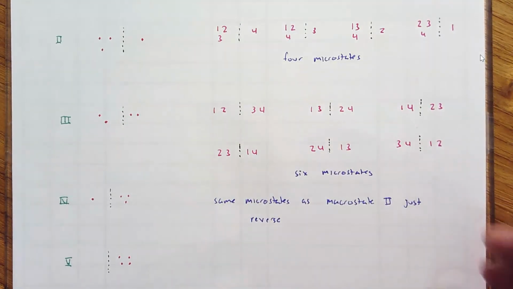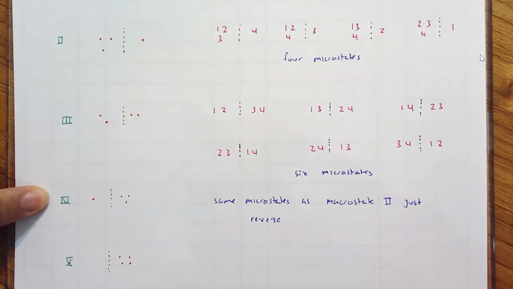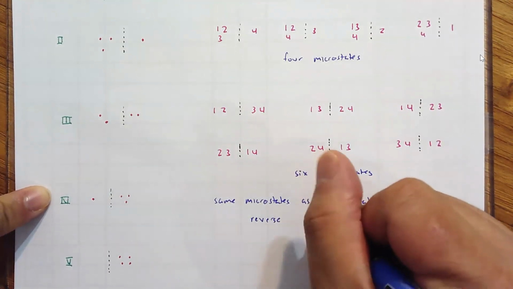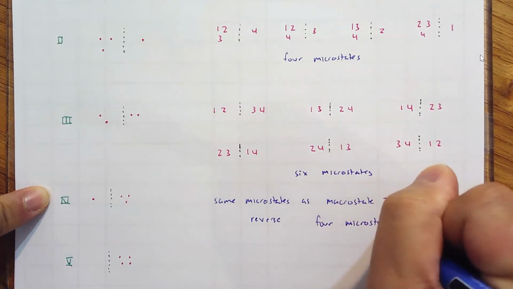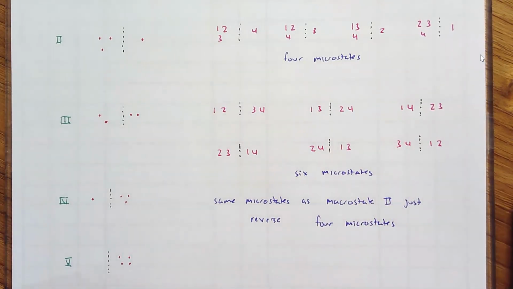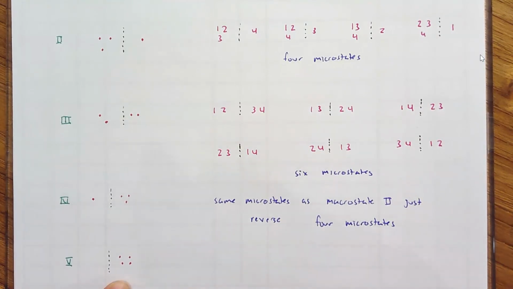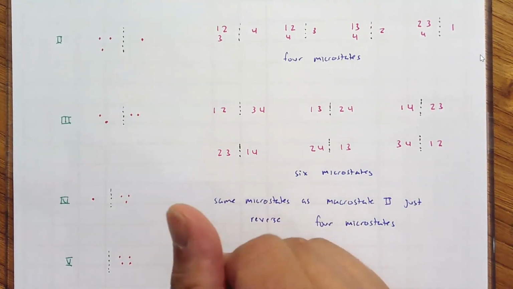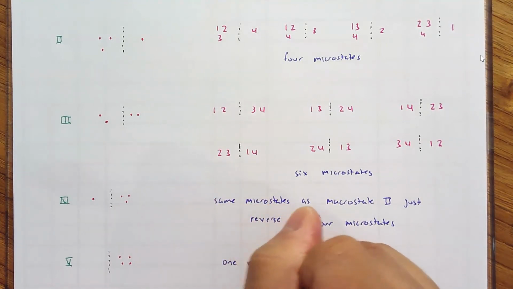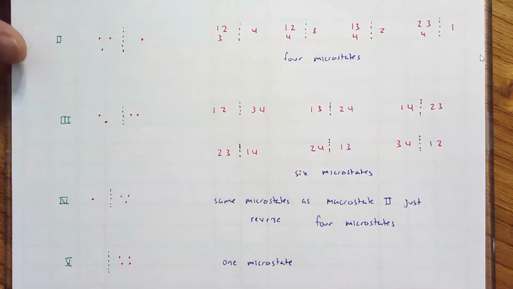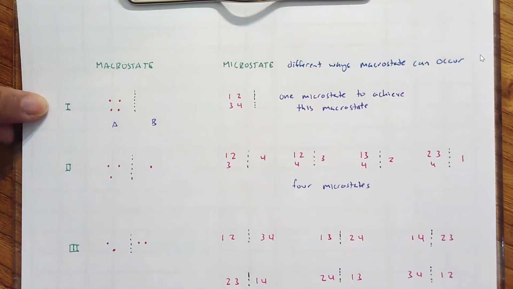What that means is that there are 4 microstates for macrostate number 4. And then here, there's only one way that we could have this situation occur. So there's only one microstate, just like we had for macrostate number 1.